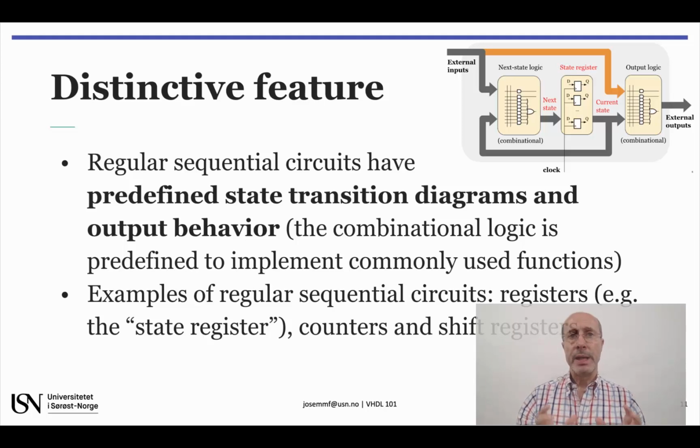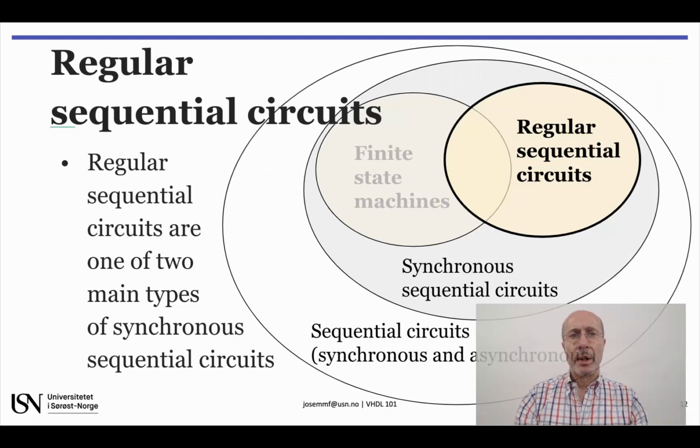In other words, the combinational logic blocks are predefined to implement commonly used functions such as simple registers, binary counters, and shift registers. By now, it should be clear in your mind that regular sequential circuits are seen here as a subclass of synchronous sequential circuits, which in turn are a subclass of sequential circuits in general.